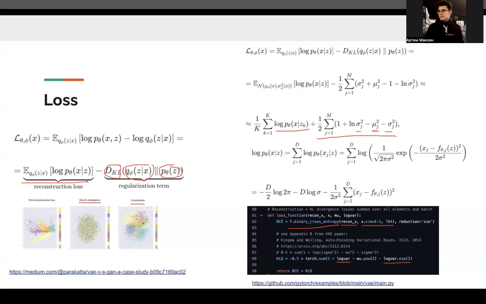Why is it important to be similar to Gaussian noise? Because during inference, we want to generate samples from this noise. In the first case, for example, we take Gaussian noise like this, generate something like here, and we get some strange things, because we can see that it is out of distribution. And here we generate from Gaussian noise and get good numbers.